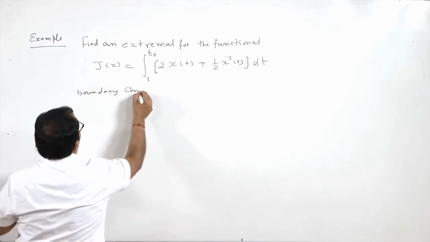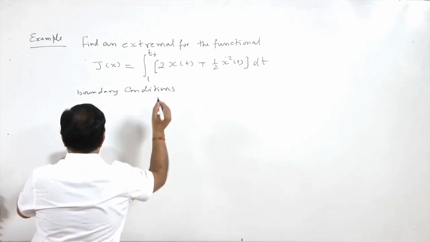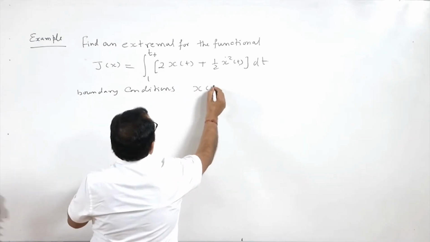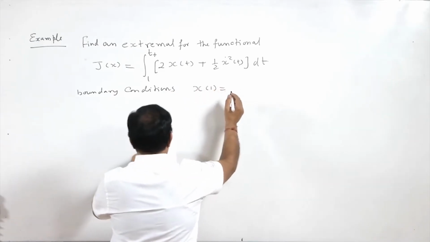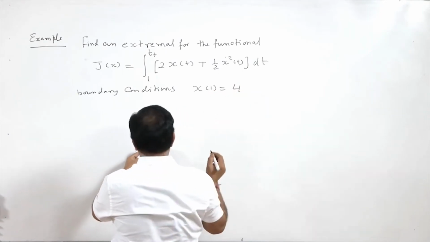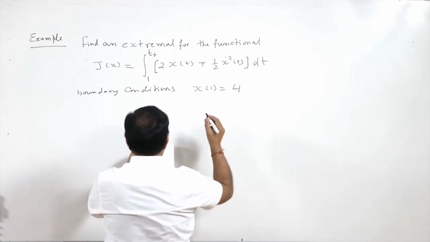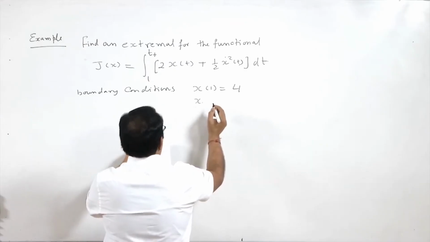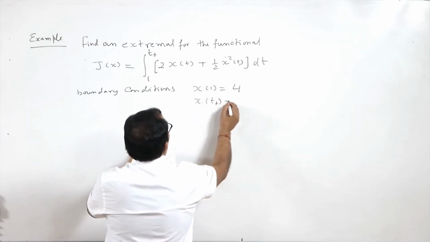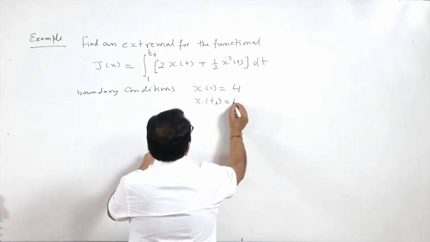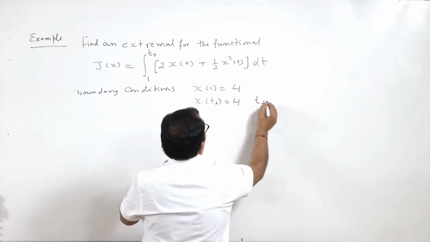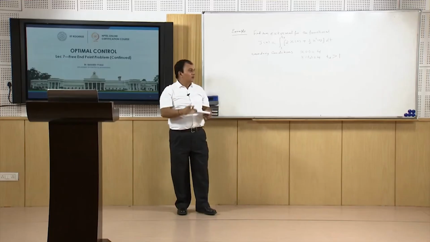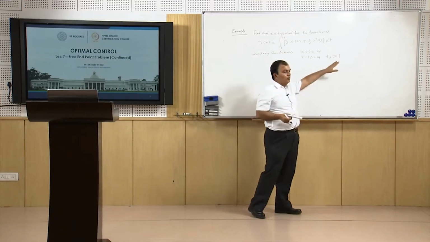The boundary conditions are: the initial point is given as x(1) equal to 4, and x of tf, because tf is unspecified, this is also 4, and here my tf is greater than 1. 1 is the initial point, so tf naturally will be greater than 1.